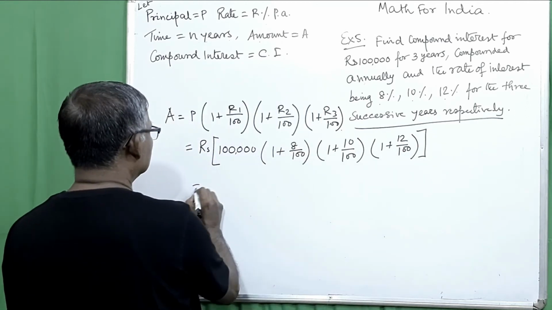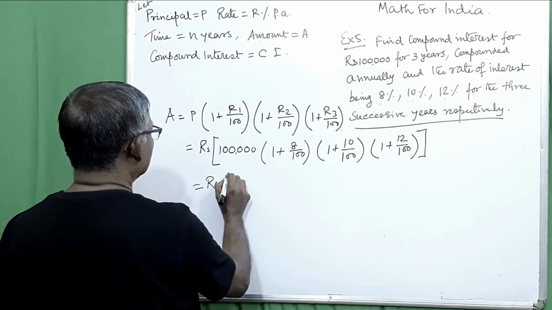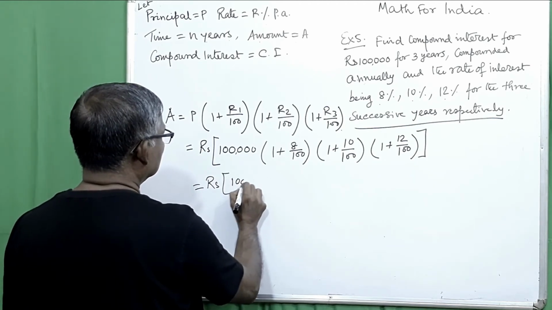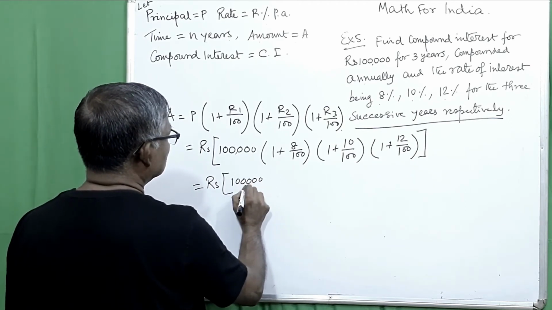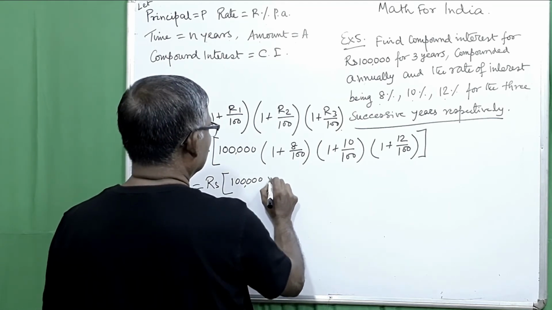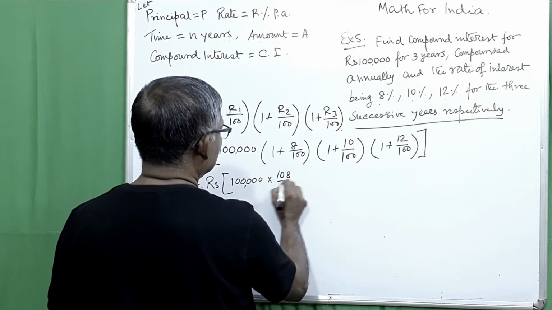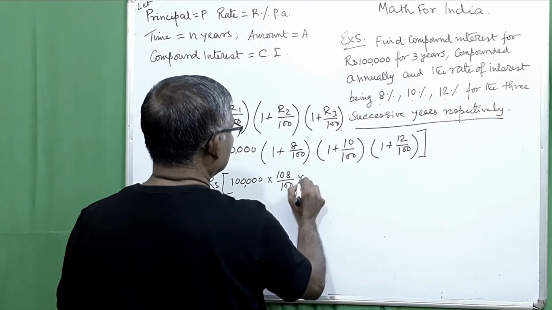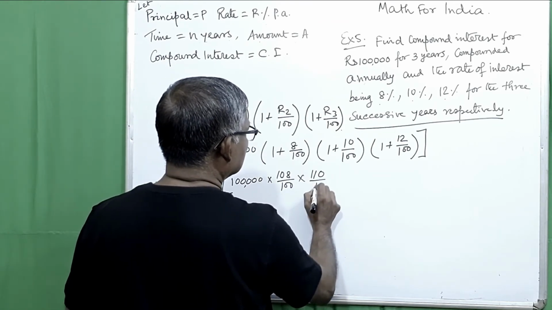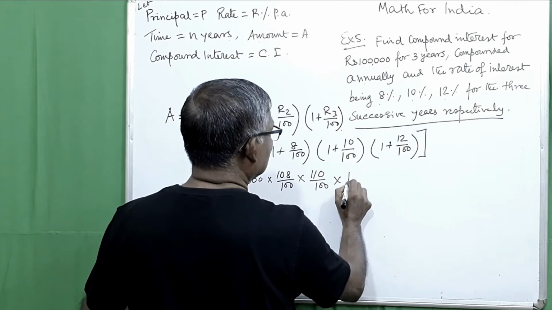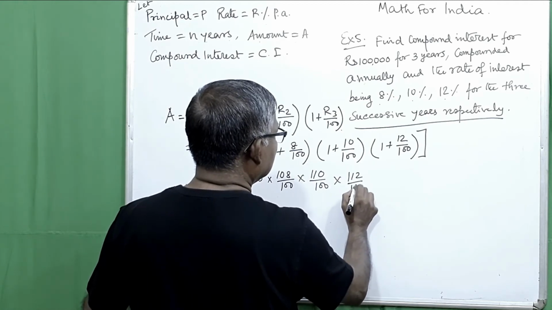So it is rupees 1 lakh into 108 by 100 into 110 by 100 into 112 by 100.